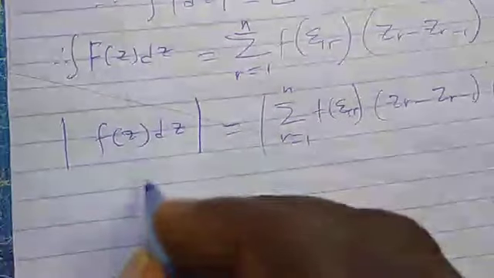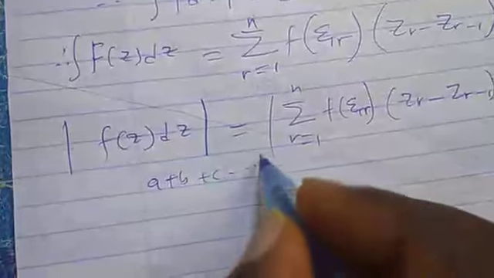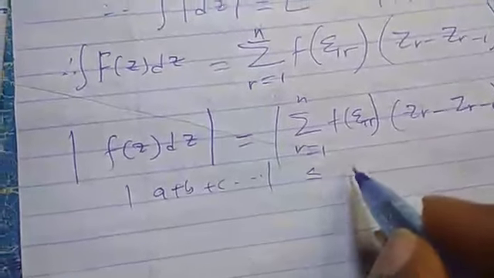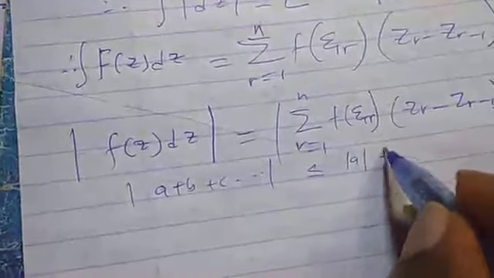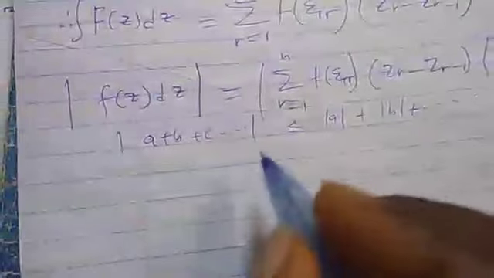Because from the triangle inequality, which says that the absolute value of a plus b plus c and so on will be less than or equal to the absolute value of a plus absolute value of b plus absolute value of c, like that.